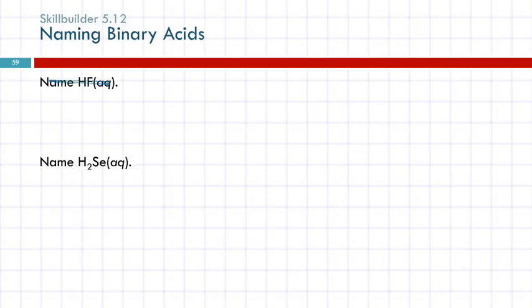We're going to write the formula for hydrosulfuric acid. What are the two elements in there? Hydrogen and sulfur. So to find the formula for this, we think about, well, what ions does it form when you put it into water?